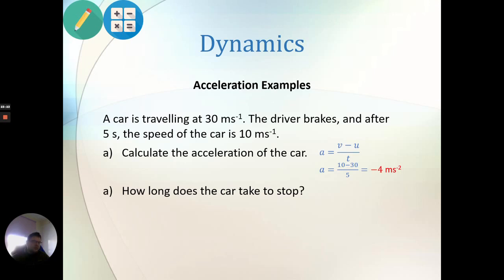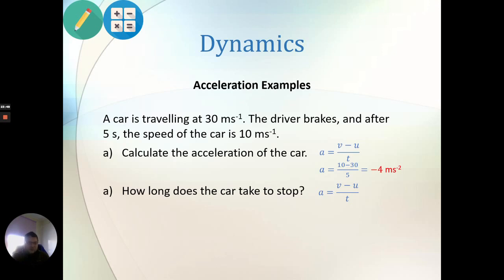Okay, and then how long does the car take to stop? Well, we're kind of using an average acceleration here. So again, we've got our A equals V minus U over T. Our acceleration we now know is minus 4 meters per second. And take to stop, that means take to come to rest, which means the final speed we're looking for is 0.